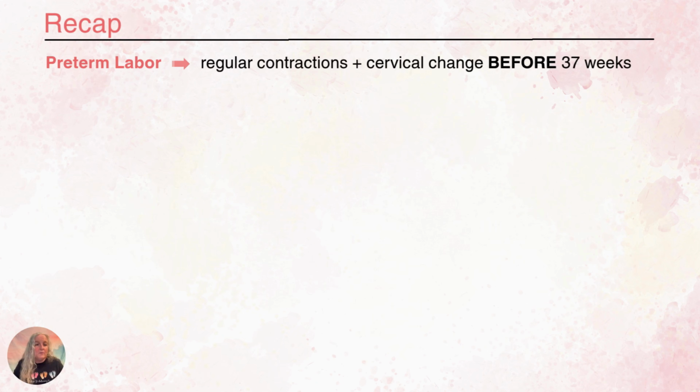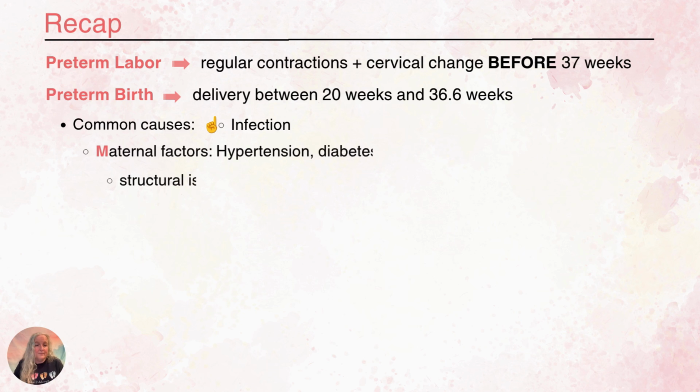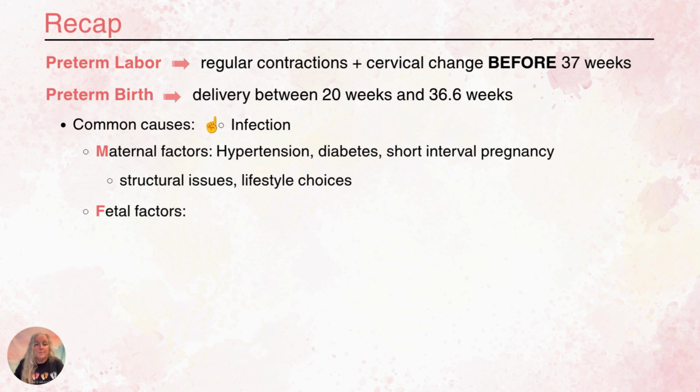So to review, preterm labor is regular contractions plus cervical change before 37 weeks gestation. Preterm birth is delivery between 20 weeks and 36 weeks and 6 days. Our most common cause is infection. Other maternal factors include hypertension, diabetes, short interval pregnancy, structural issues, and lifestyle choices.